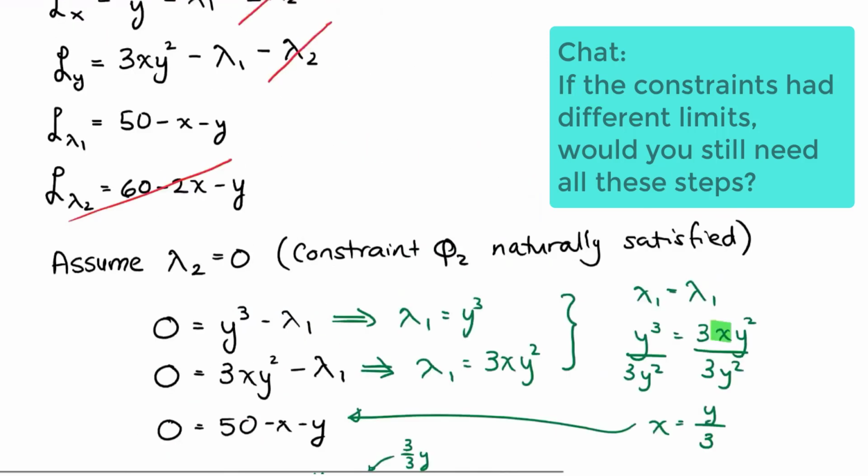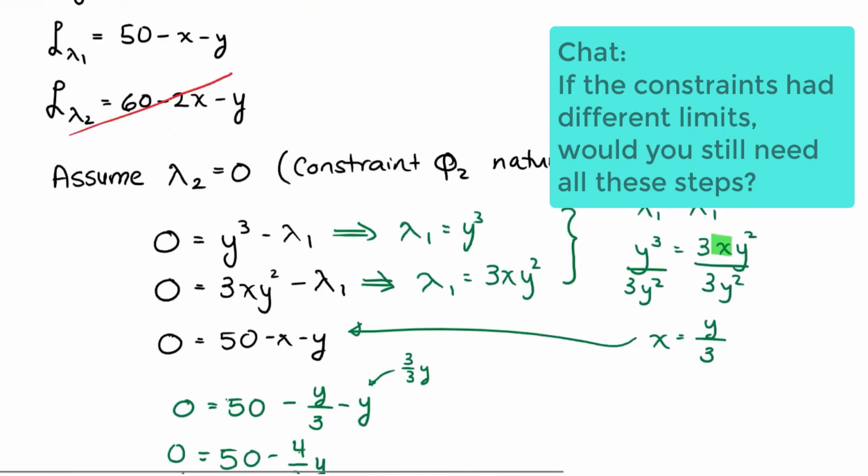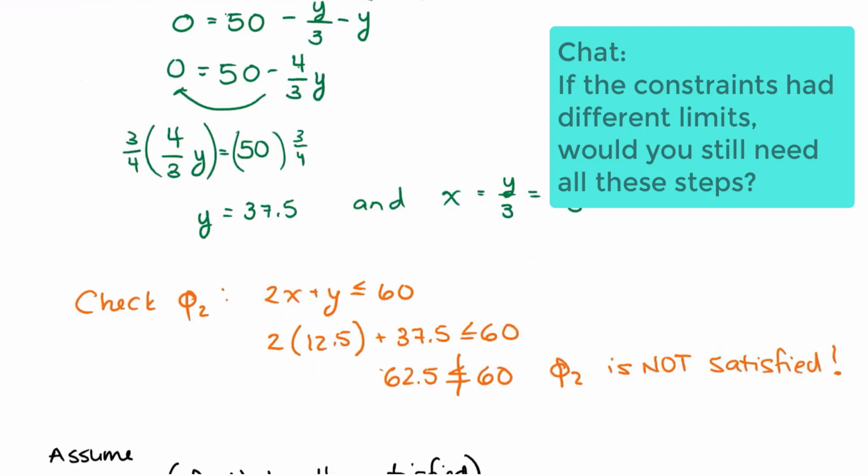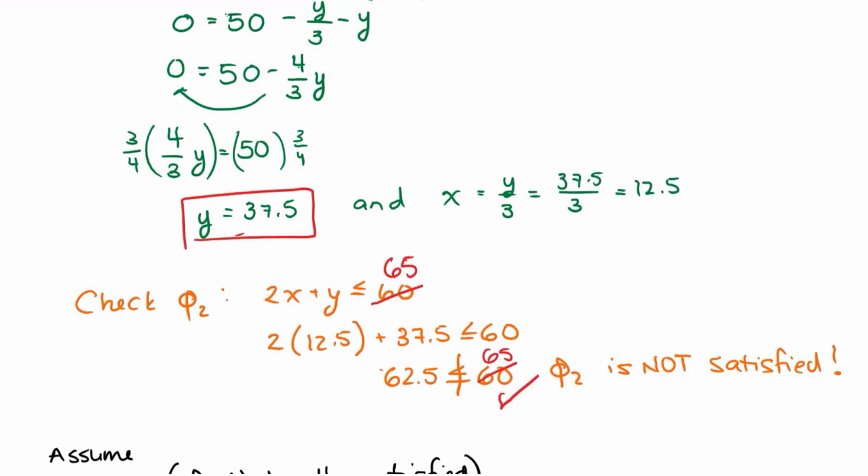Okay, earlier in this question, if we had done this and this constraint wasn't 60, imagine for a moment that this was 65. Then this would have been satisfied and we would have stopped right there. We would have been done the problem. We would have said y is equal to 37.5 and x is equal to 12.5.